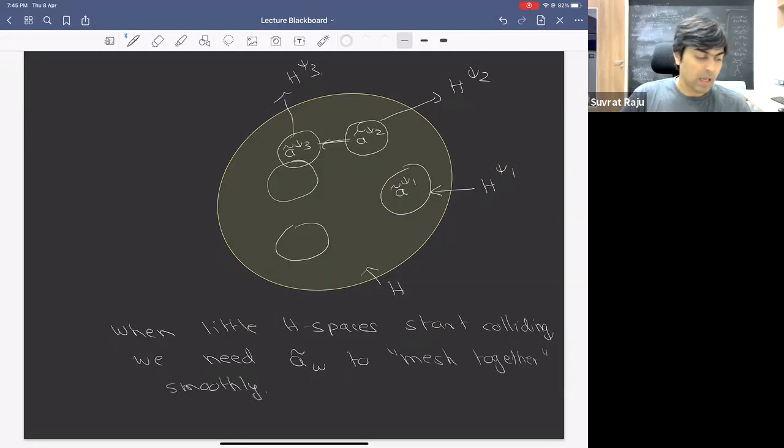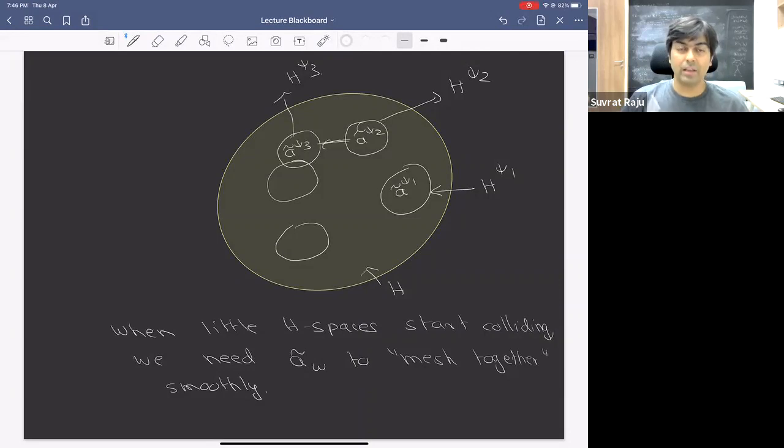Now, it might happen that the operators A tilde that you have do automatically mesh together when these little Hilbert spaces start colliding. I hope what I'm saying is clear. We have these little Hilbert spaces, we define these operators. Now we are trying to cover the whole space, and then these Hilbert spaces start colliding. It may or may not be the case that these operators agree at the points where these little Hilbert spaces intersect. And it may happen that they do agree, or it may happen that they do not agree.